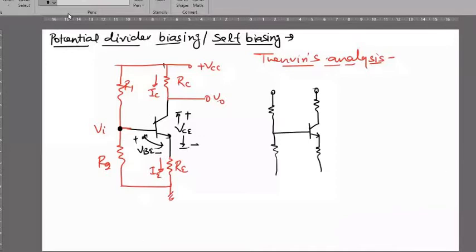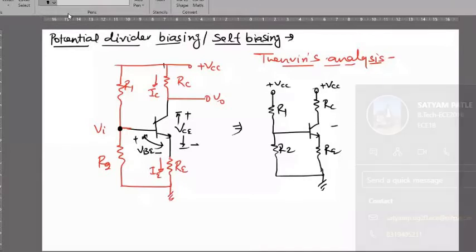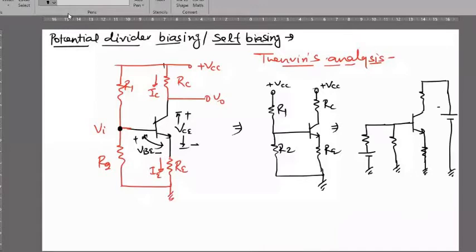Circuit like that: R1, R2, RC, RE plus VCC. Again, I can make it more simple. This is VCC, this is RC, this is R1, this is R2, this is RE, and this is plus minus VCC.